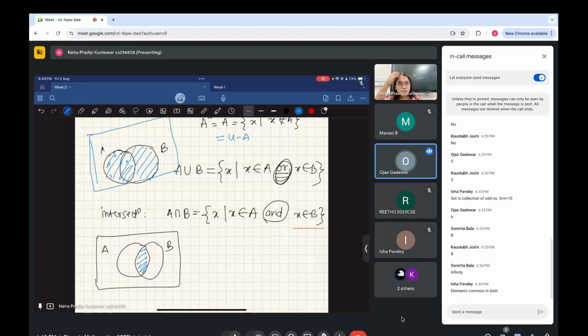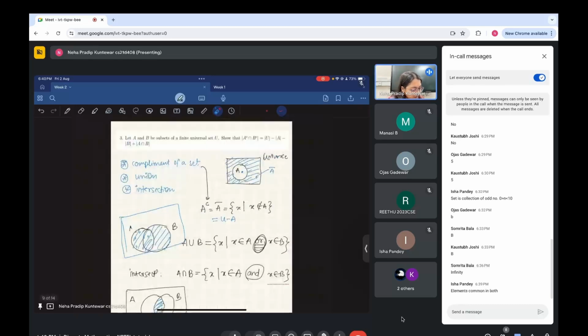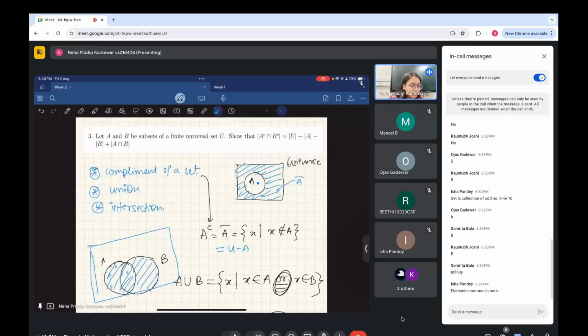So this shaded area here is what belongs to both A and B. This is the area that is common to both. Okay, good.